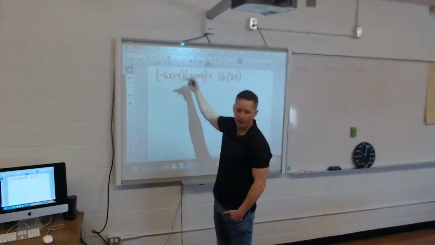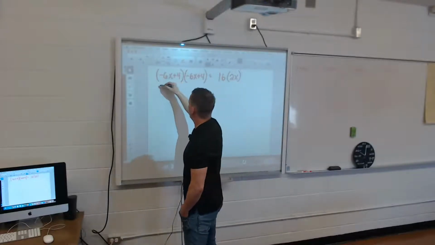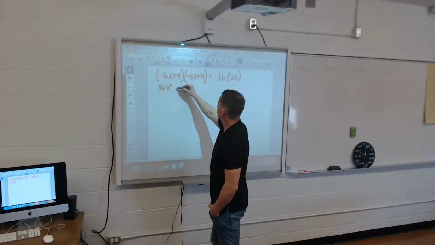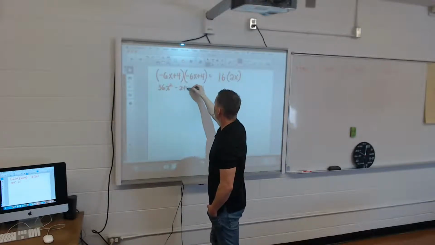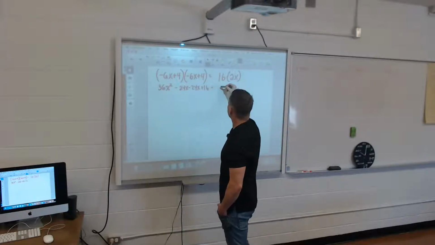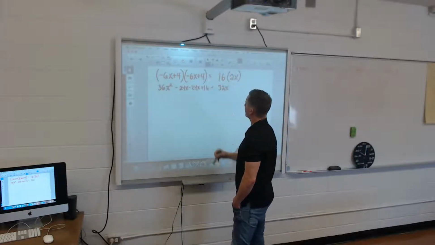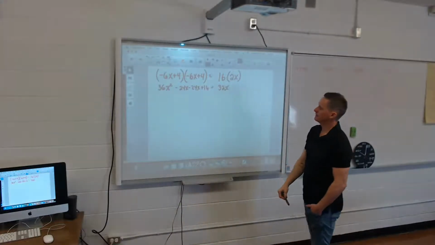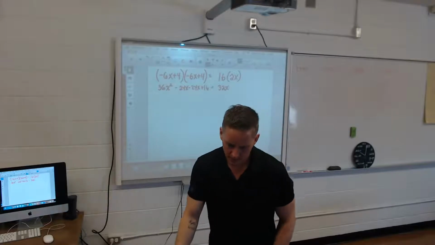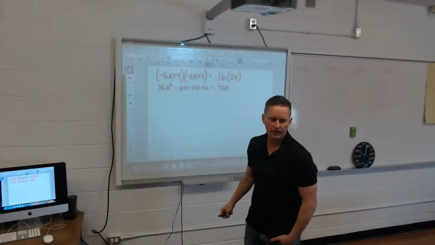So now I FOIL again. Like I said, there's a lot of work to this. 36x squared minus 24x minus 24x, add 16 equals 32x. So that's what I have right there. Okay.